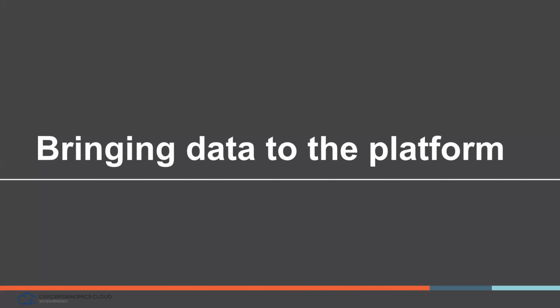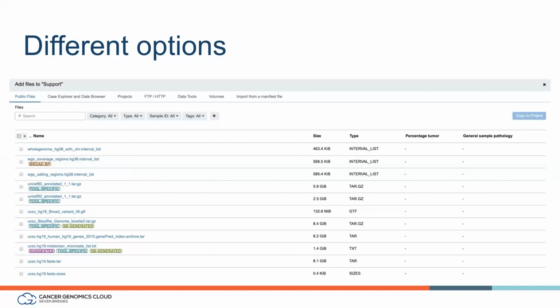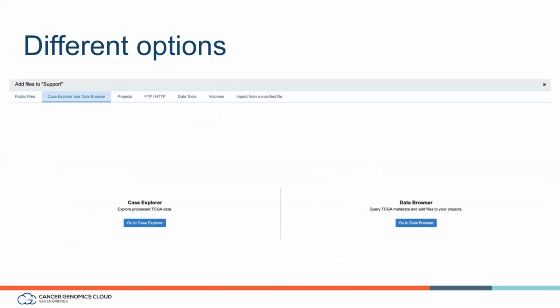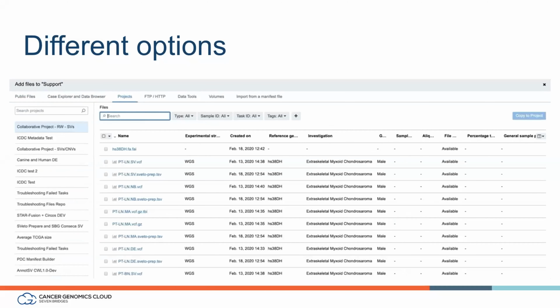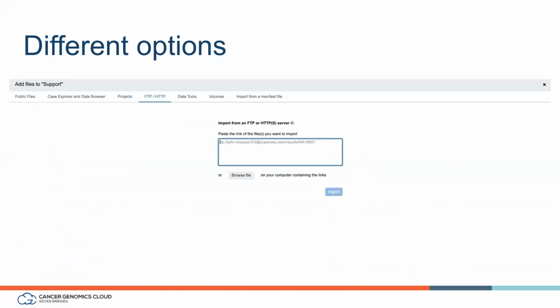So as I mentioned, we're going to go through a couple of different ways that you can bring data into the platform. I touched on them in the previous section. And here in this animation, we're scrolling through all the different ways you can bring in data. We have a data browser, which we talked about a little bit. We also have public projects, where you can access whole data sets that basically anyone in the public can get to.